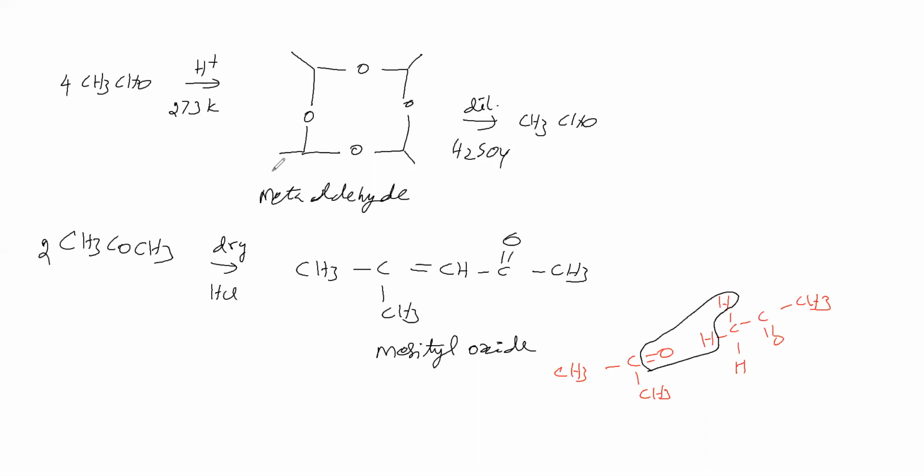Next reaction: acetone in the presence of concentrated sulfuric acid gives mesitylene. How are we getting this mesitylene? That point we'll see.